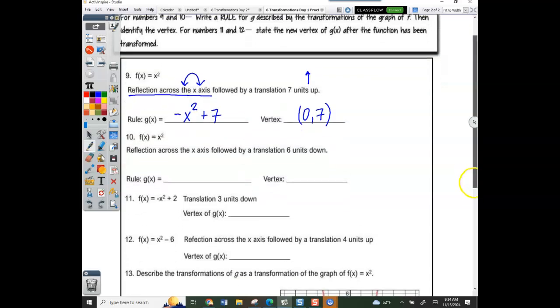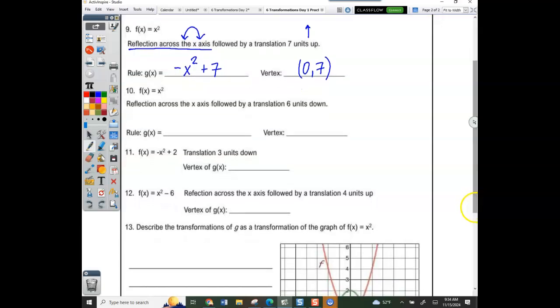Try 10. Don't forget it's reflecting across the x-axis. So you just need to adjust right here.